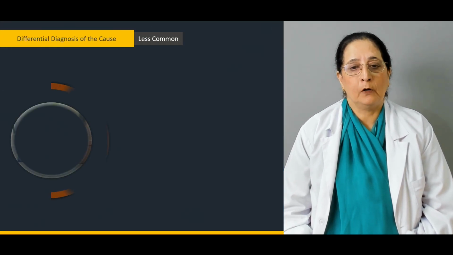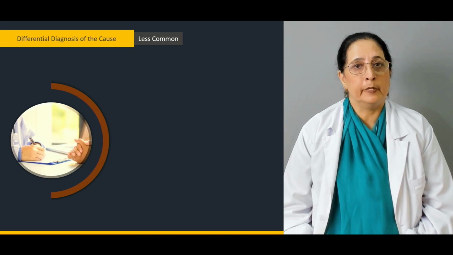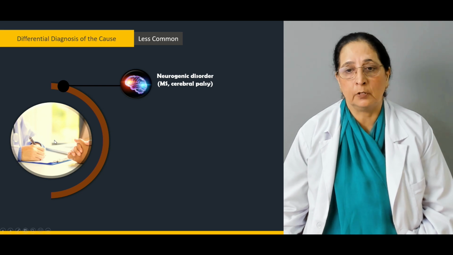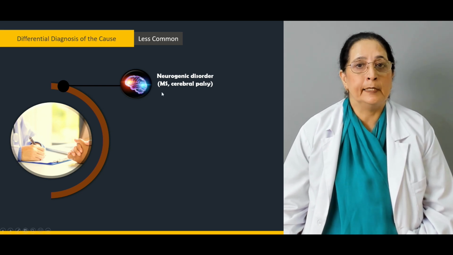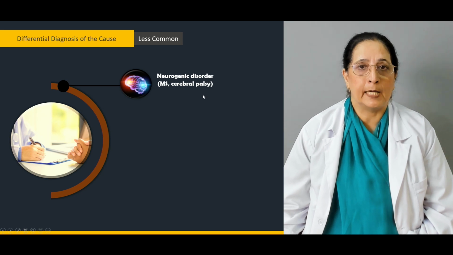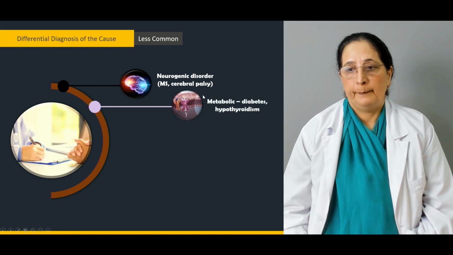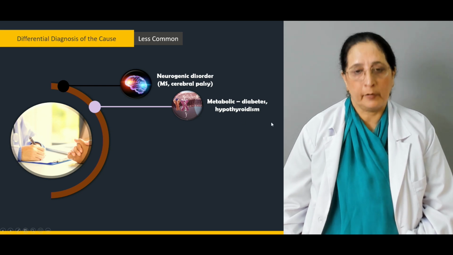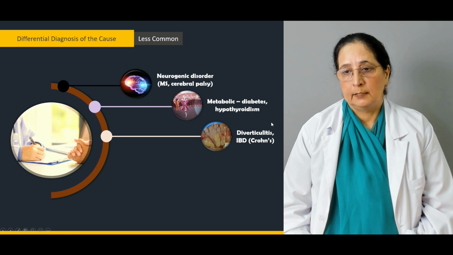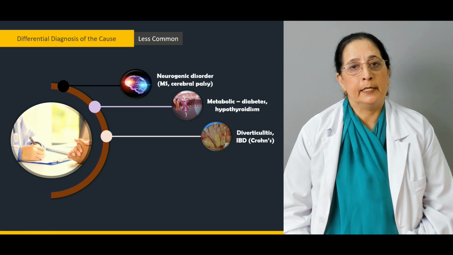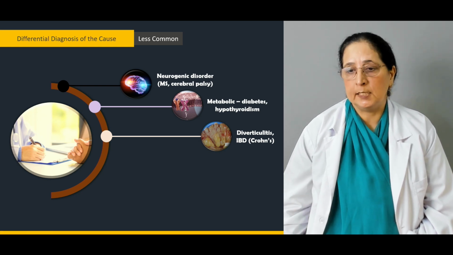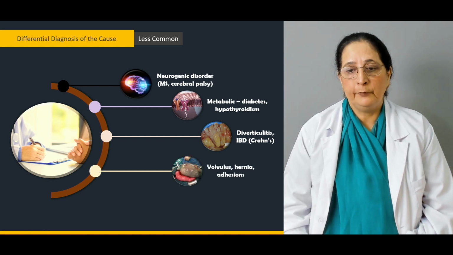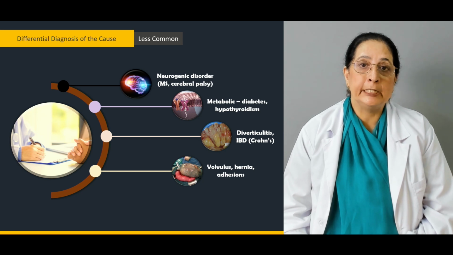Some less common causes or less common differential diagnoses: we have neurogenic disorders like multiple sclerosis and cerebral palsy; metabolic, which is diabetes and hypothyroidism; diverticulitis and inflammatory bowel disease like Crohn's disease; volvulus, hernia, and adhesions.